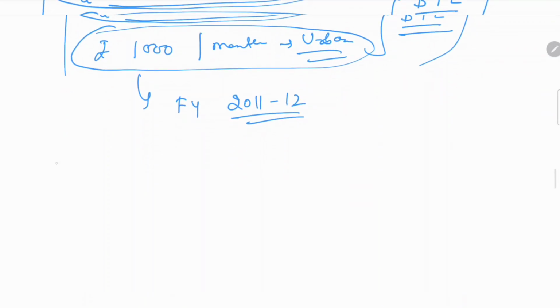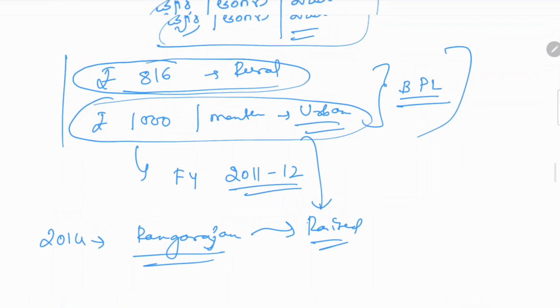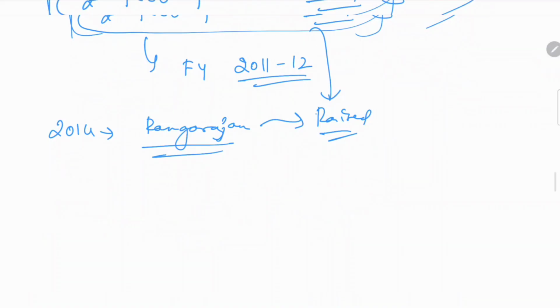Then later in 2014, another committee was formed, called the Rangarajan committee. This committee suggested another method, and they raised this basic need of 816 and 1000 to a higher number, but this was not implemented or accepted by the then government.